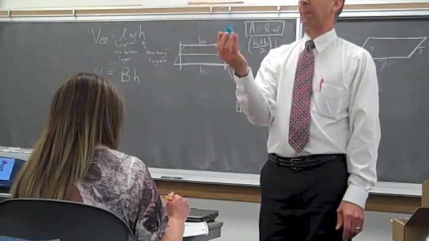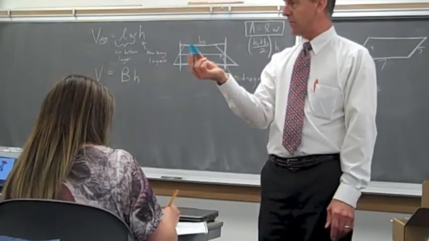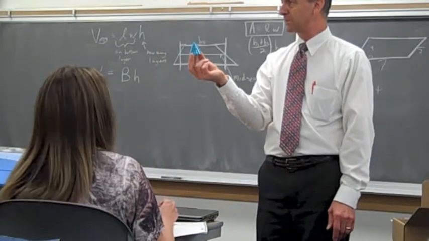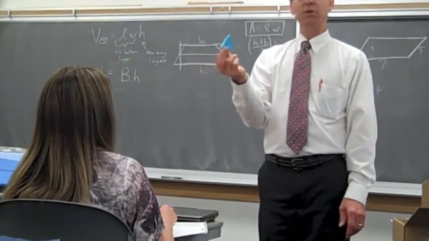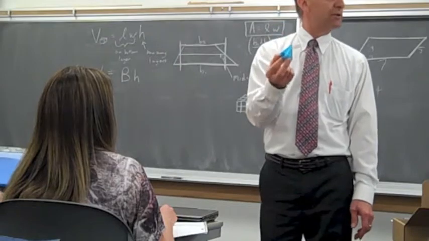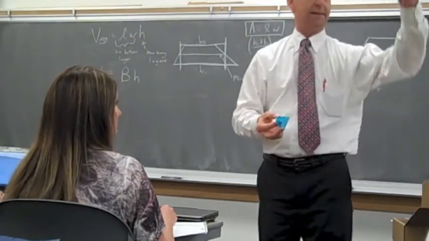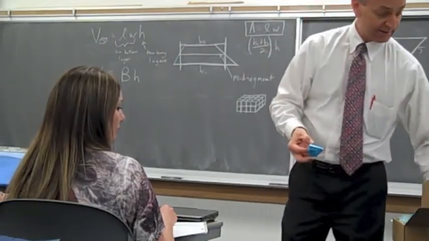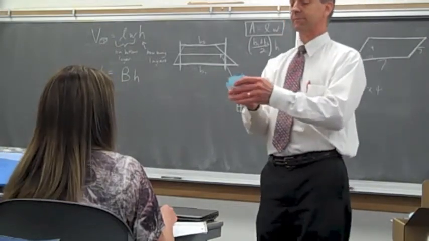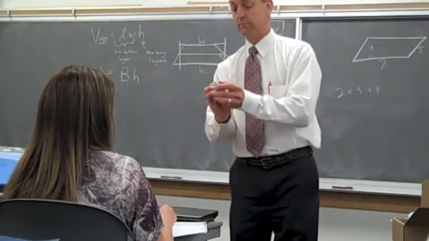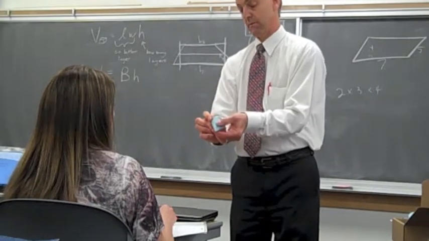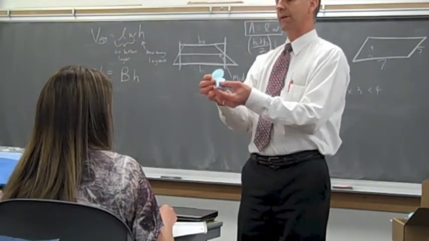Okay, if I were going to find the surface area of this cone, what would I do? Well, I would do the very same thing I did with this: make a net. Okay? It's composed of what?